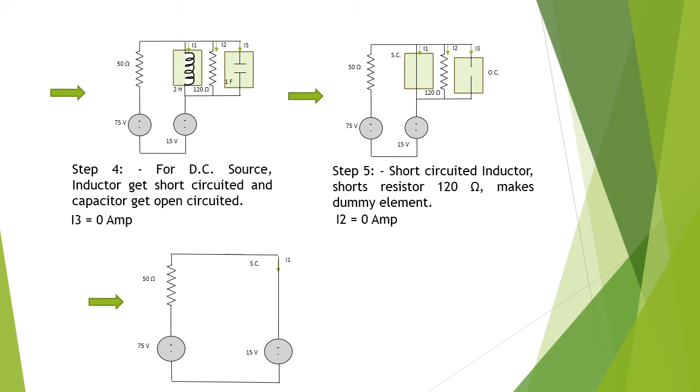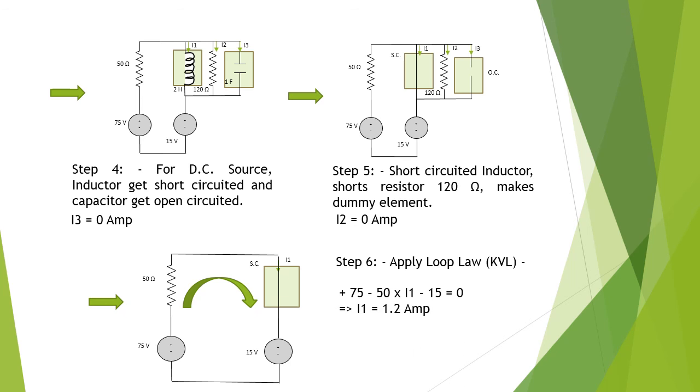Now this is nothing but a loop, right? So apply the loop law or Kirchhoff's voltage law to this circuit. The arrow orientation shows the clockwise movement of the current. This current is nothing but I1, because I1 is the current passing through the short circuited inductor terminal, but the same current flows through the 15 volt, 75 volt and 50 ohm, because it forms a single loop.